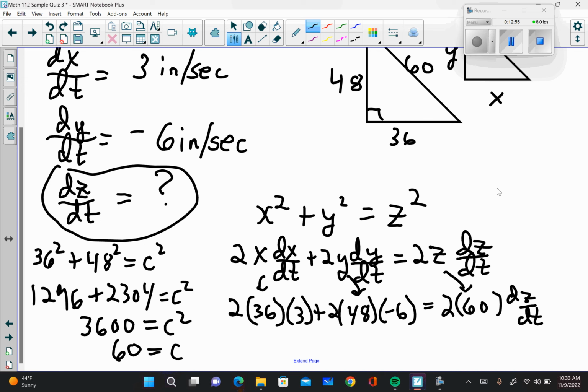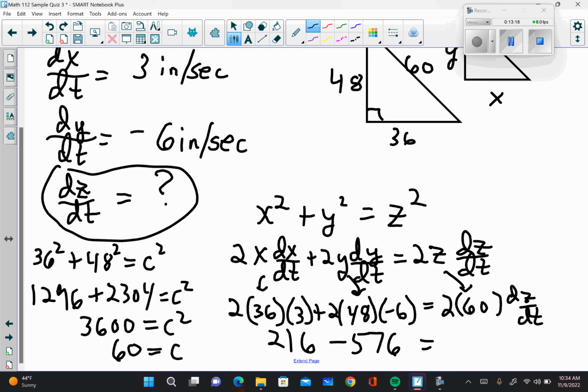2 times 36 times 3 is 216. 2 times 48 times negative 6 is negative 576.